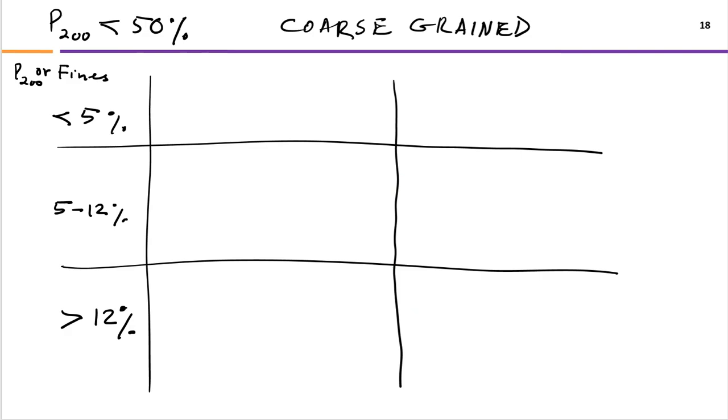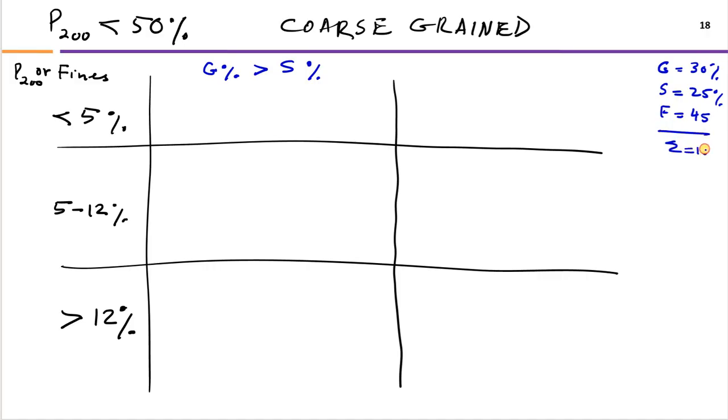We are going to use the word gravel when the percentage of gravel is more than that of sand. For example, if the gravels are 30% in a soil, sand is, let's say, 25%, and the fines are 45%, because 30 plus 25 is 55, so fines must be 45. 30 plus 25 plus 45 is 100, so the summation is 100.